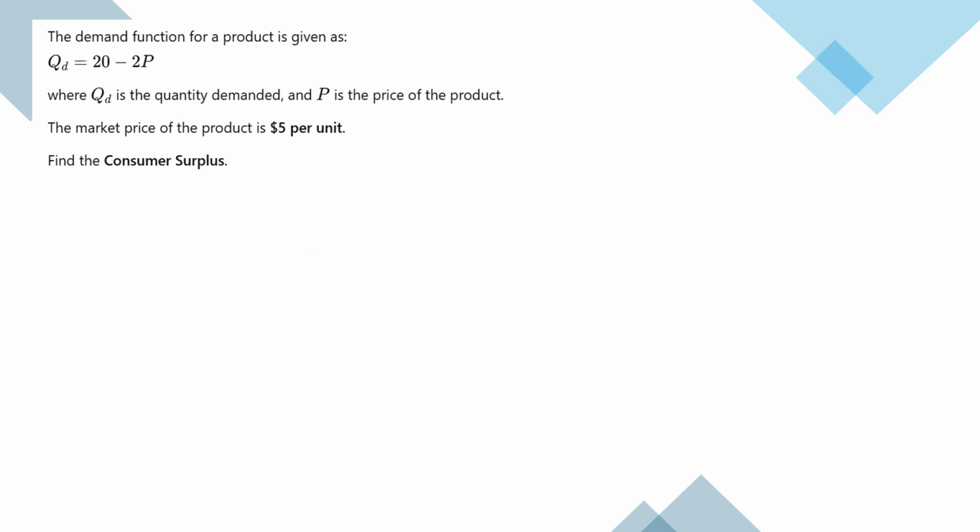So firstly, what is consumer surplus? Consumer surplus arises when a buyer's willingness to pay for a good exceeds its market value. For example, let's say you want to purchase a hair dryer and you are willing to pay 10,000.